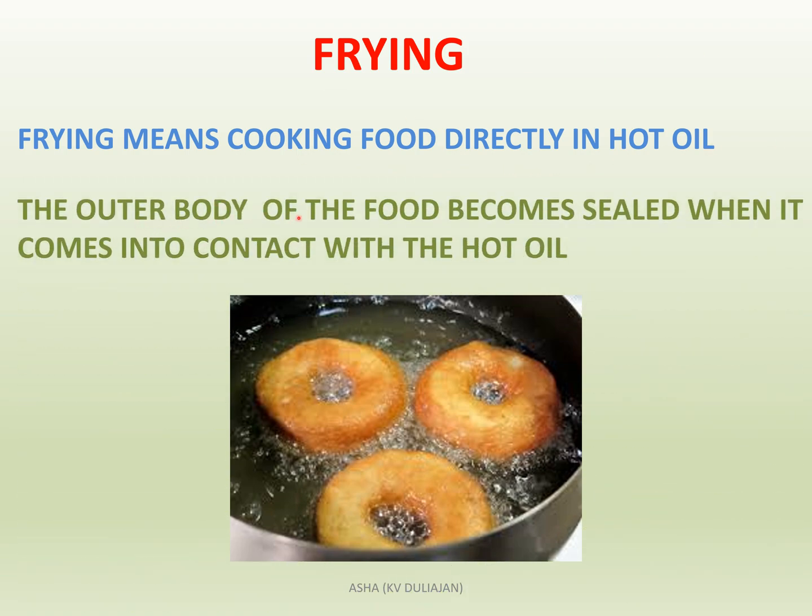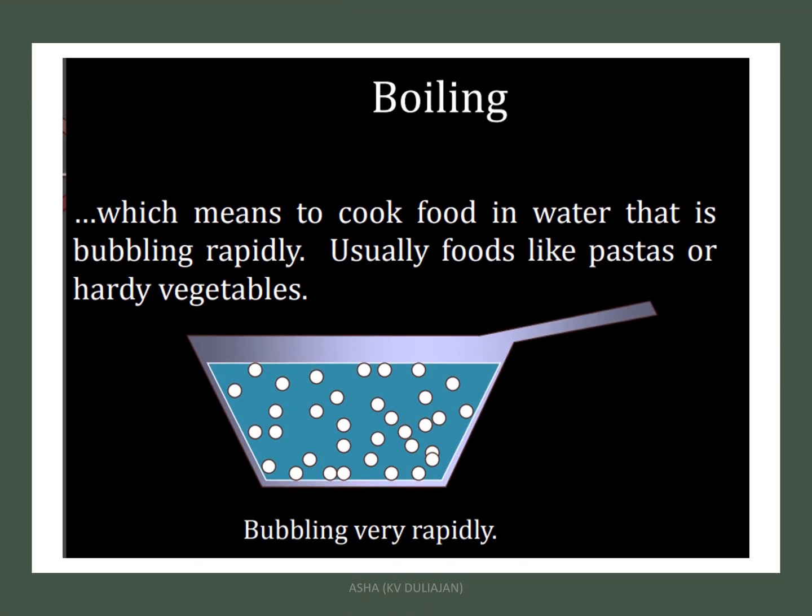The outer body of the food becomes sealed when it comes into contact with the hot oil. Now boiling. Boiling means to cook food in water that is bubbling rapidly, usually foods like pastas or hardy vegetables.